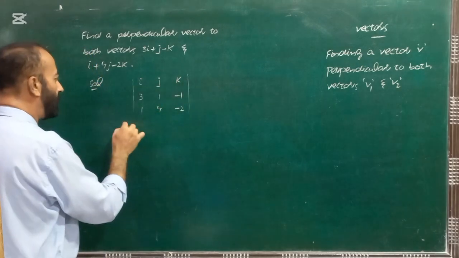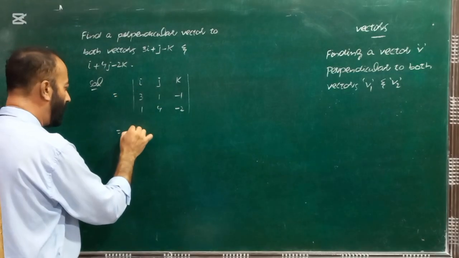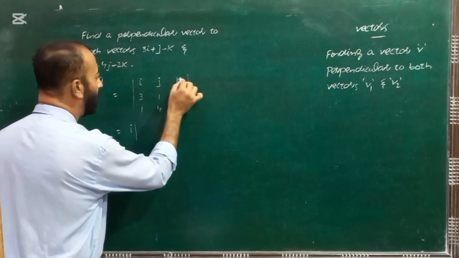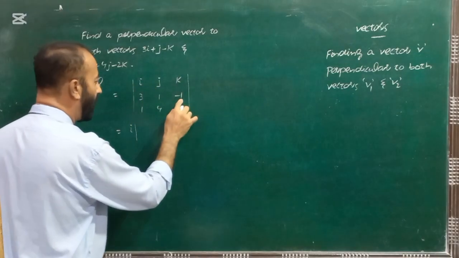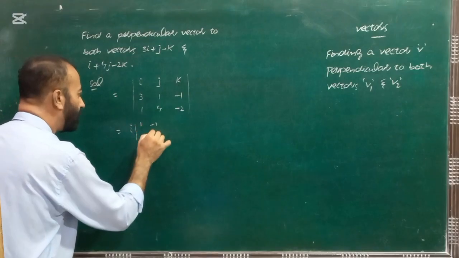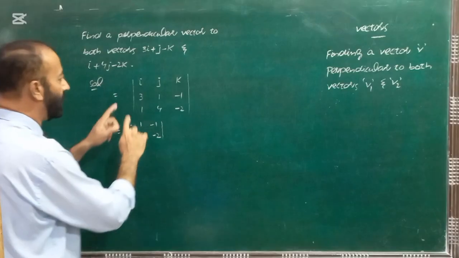Okay, determinant. So solve it now. So i into, you will leave this row and this column. So 1 minus 1, 4 minus 2 will be left. Okay, listen now.